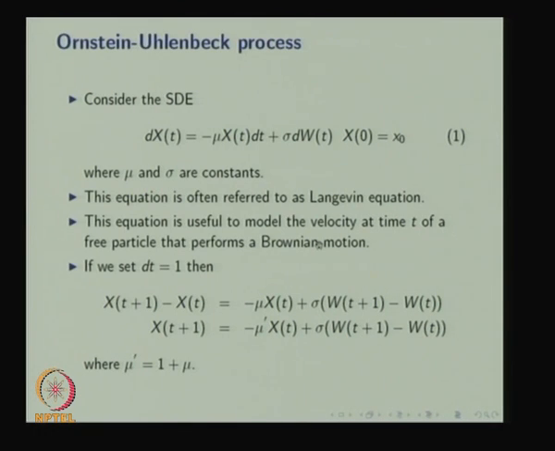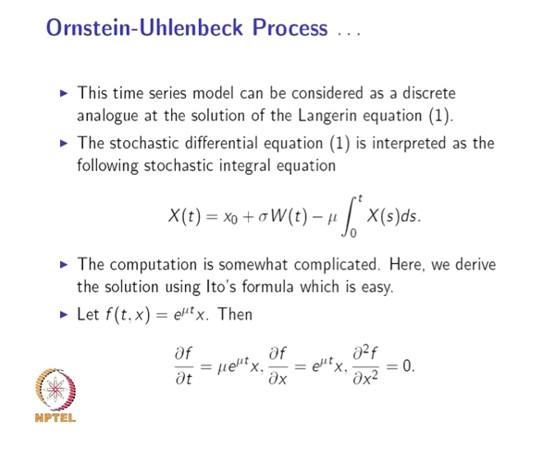If you discretize with dt equal to 1, then the increment is nothing but X(t plus 1) minus X(t). Therefore, the noise increment is W(t plus 1) minus W(t). If you label mu dash equal to 1 plus mu, then you can transform the equation into the discretized version.